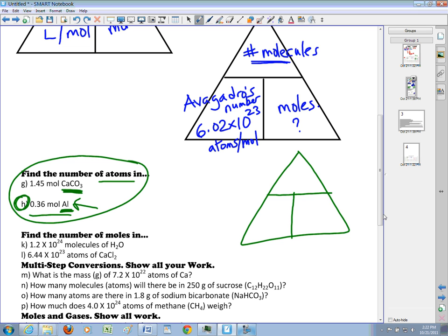Okay, it's given us the number of moles, which is nice. 0.36 moles of aluminum. And it's asking us how many atoms. To calculate how many atoms, all we need to know is this constant here. Avogadro told us that there are exactly 6.02 times 10 to the 23rd atoms per mole.